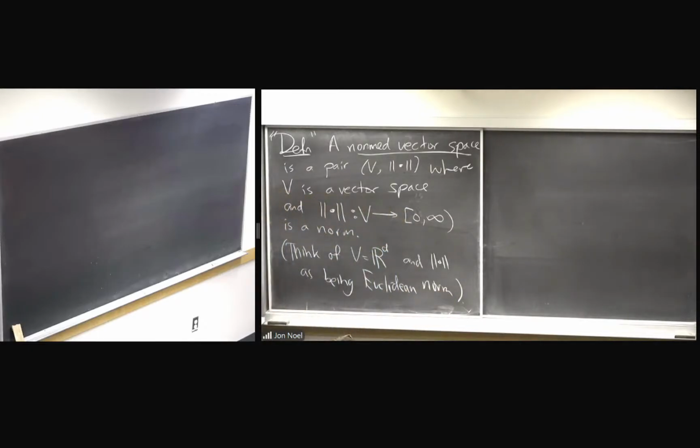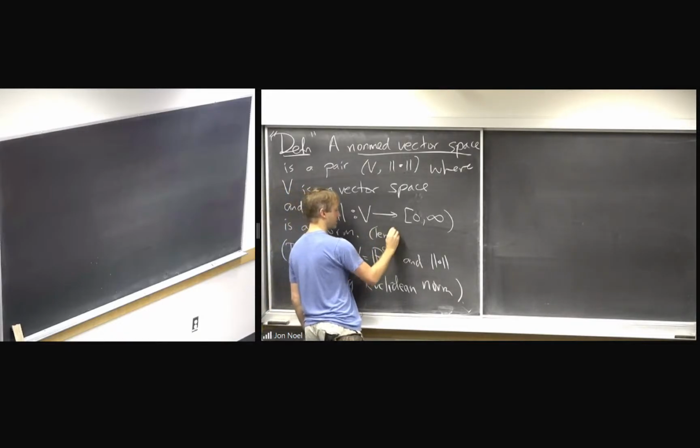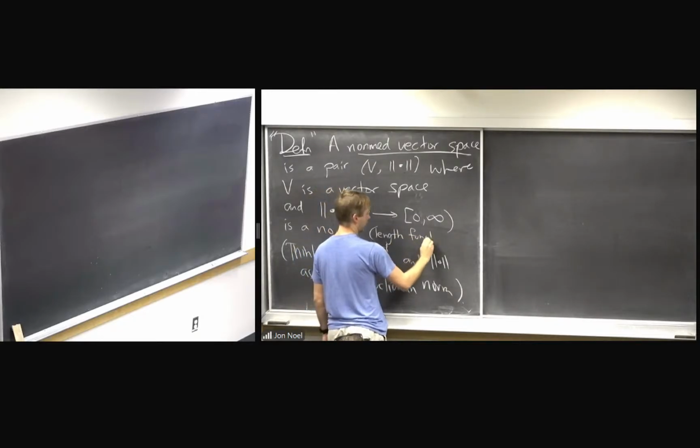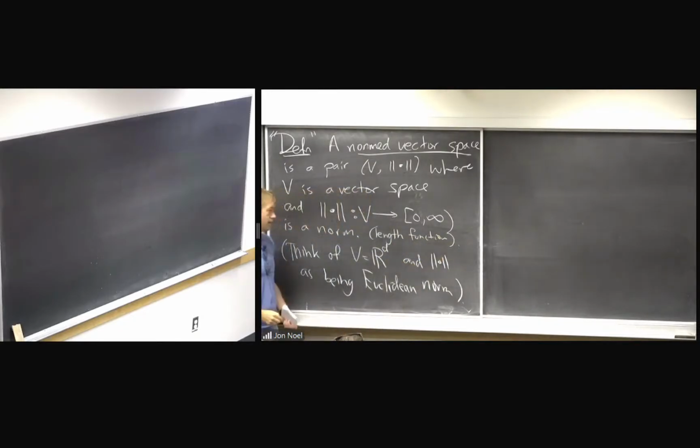In other words, just the length of the vector. So a norm is a length function. The key thing about norms is that they have to satisfy the triangle inequality. Basically, that is the main key thing. So at some point we'll use the triangle inequality, but it does suffice to think of this case. We're not going to use any special properties of the Euclidean norm.